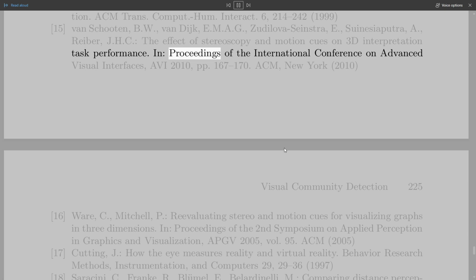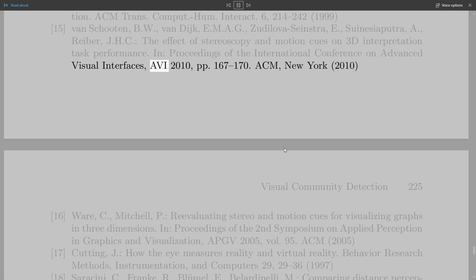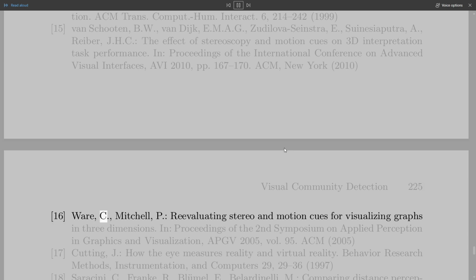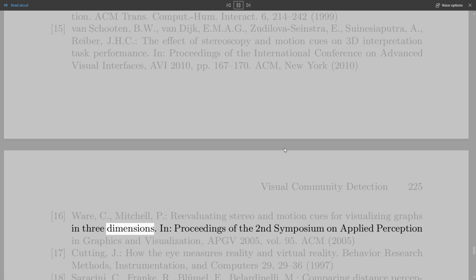In Proceedings of the International Conference on Advanced Visual Interfaces, AVI 2010, pages 167 to 170. ACM, New York, 2010. Visual Community Detection. 225. 16. Ware, C., Mitchell, P. Reevaluating Stereo and Motion Cues for Visualizing Graphs in 3 Dimensions.